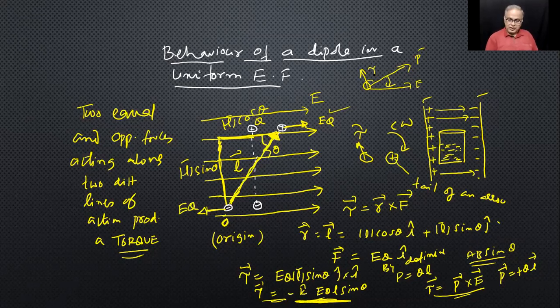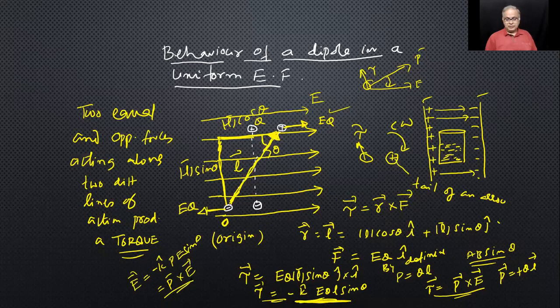I told you P E sine theta minus K, which means P cross E should be into the plane, isn't it? Therefore, P cross E direction is only into the plane.